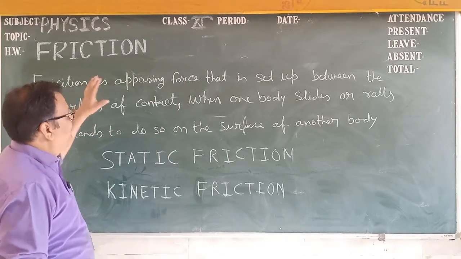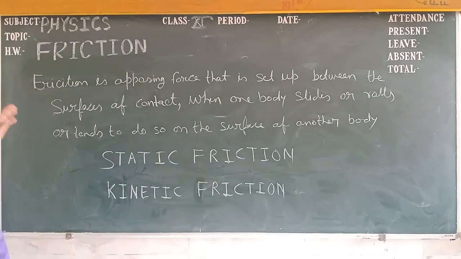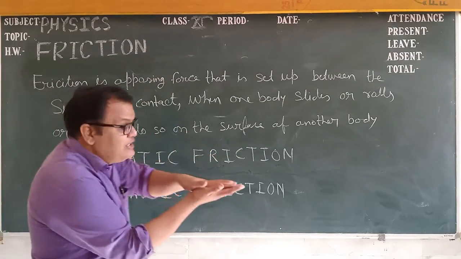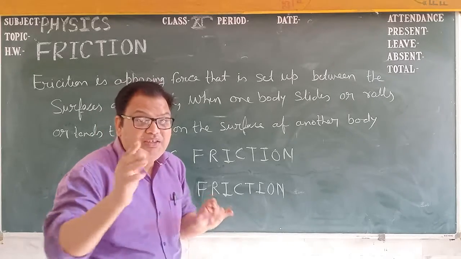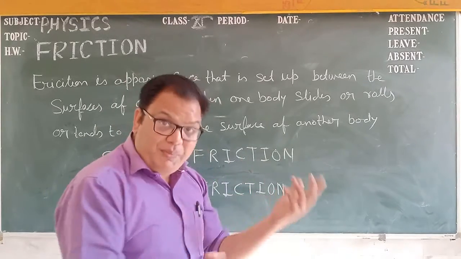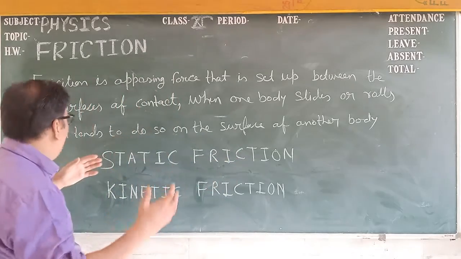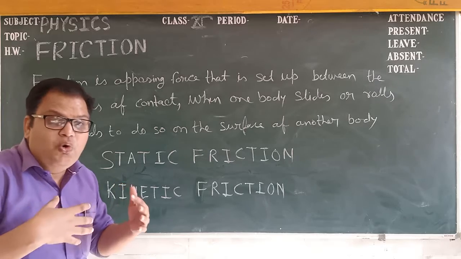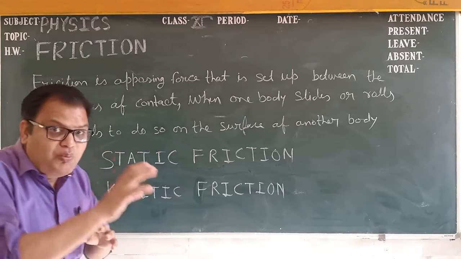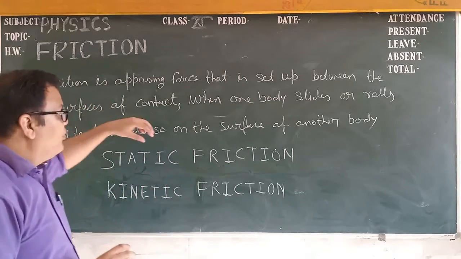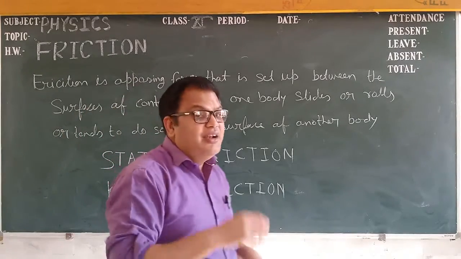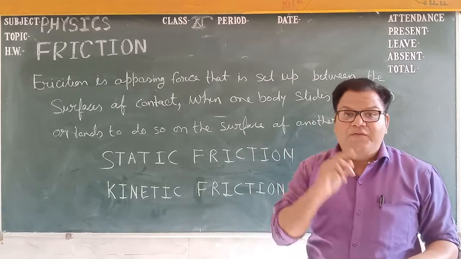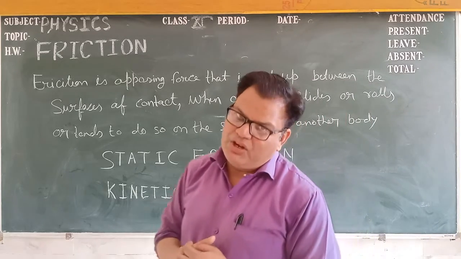So friction is the opposing force that is set up between the surfaces of contact when one body slides or rolls, or tends to do so. It means it tries to move on the surface of another body. That force developed between the contact surfaces is known as friction force.